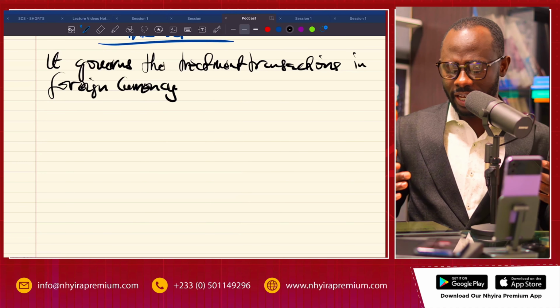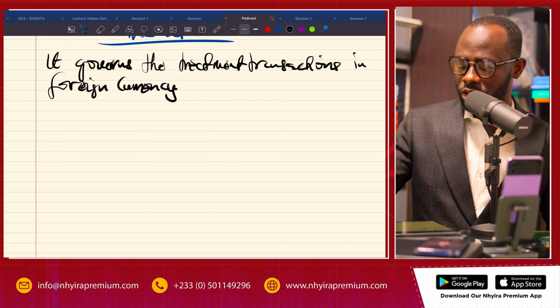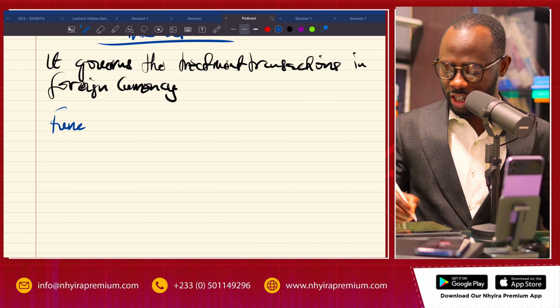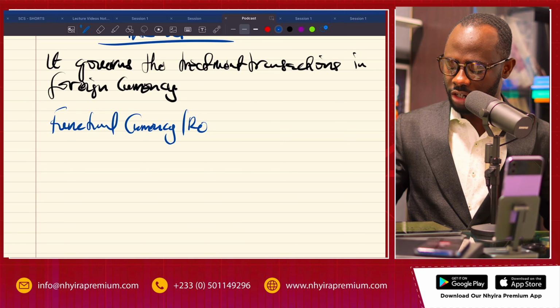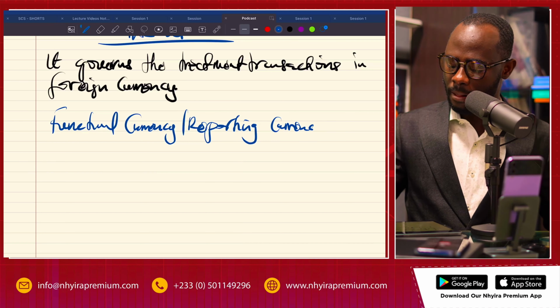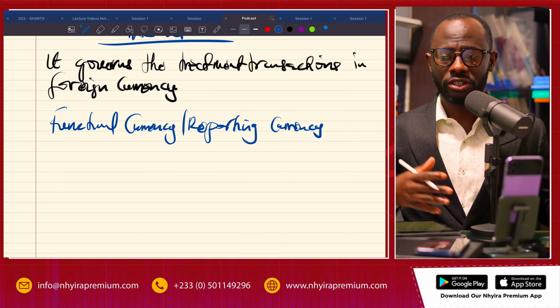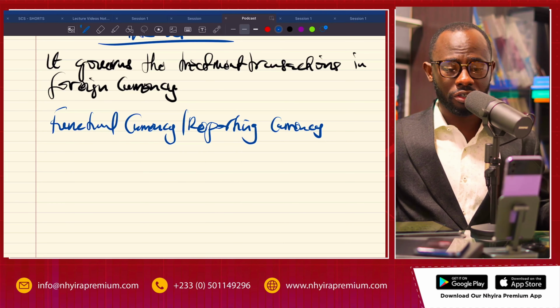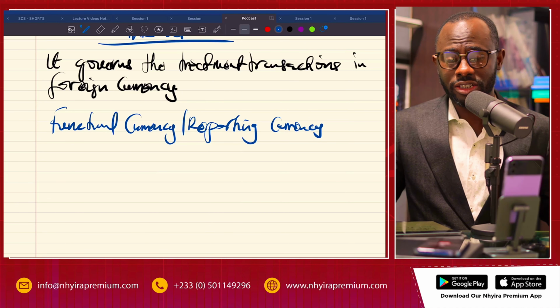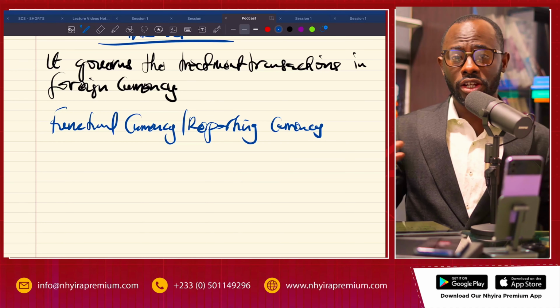It means that we have to know about what we refer to as the functional currency, or if you want, the reporting currency of the entity. Because if we don't know the functional currency or the reporting currency of the entity, it will be difficult for us to work with the transactions denominated in the foreign currency.